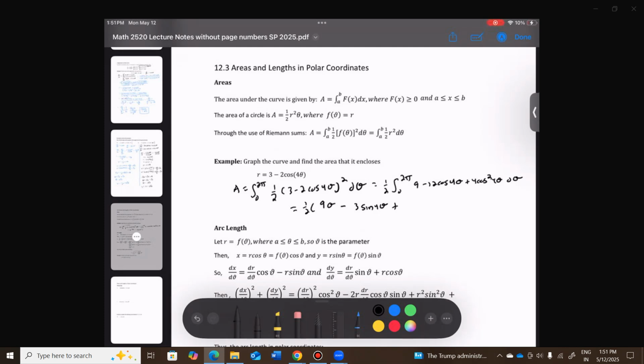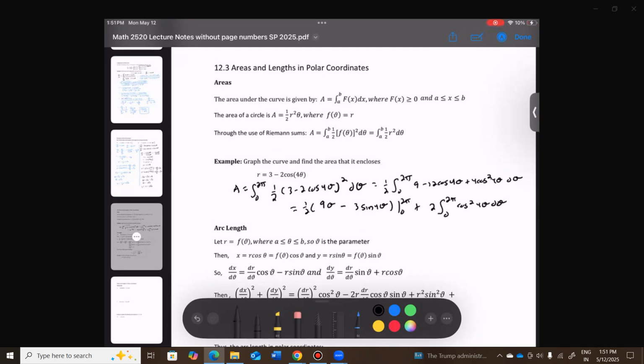So that's going to go from 0 to 2 pi. Then we're going to be plus, and I'll distribute that 1/2 to the 4, so I'll have 2 integral 0 to 2 pi of cosine squared 4 theta d theta.